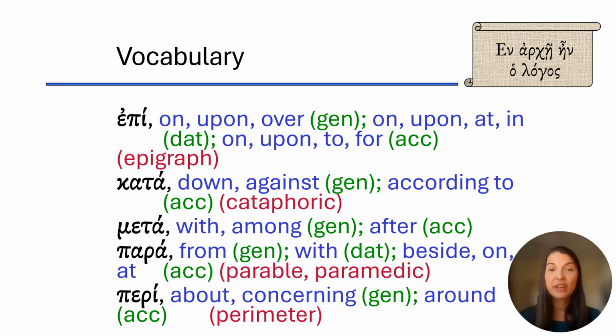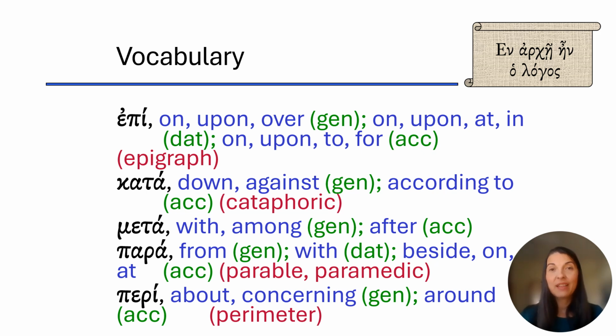In the genitive, it could be on, upon, over; in the dative, on, upon, at, or in; in the accusative, on, upon, to, or for. Kata is down or against in the genitive, and according to in the accusative. That's one you will see quite often, according to. Meta is with, among in the genitive, or after in the accusative.